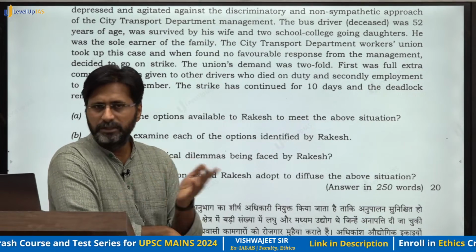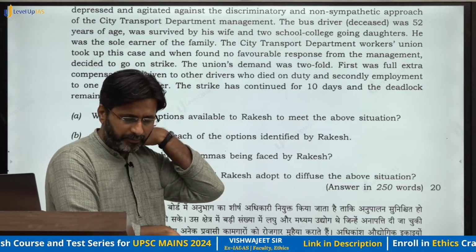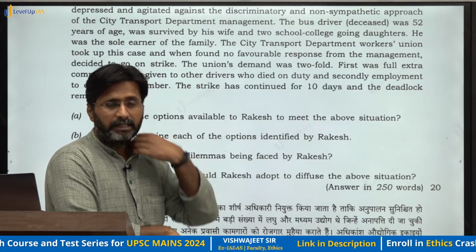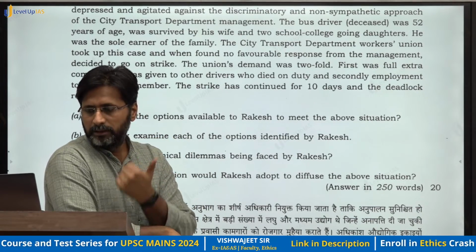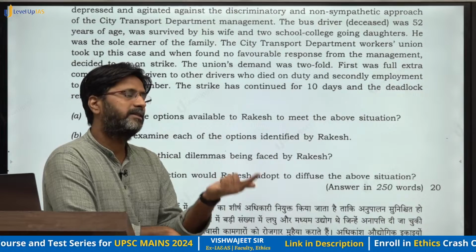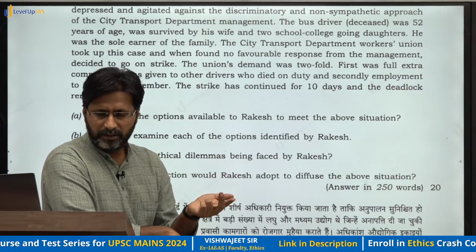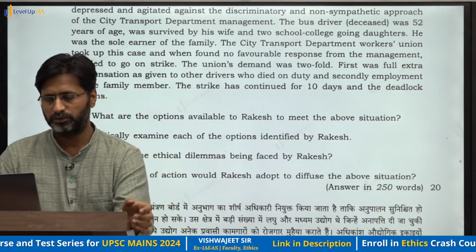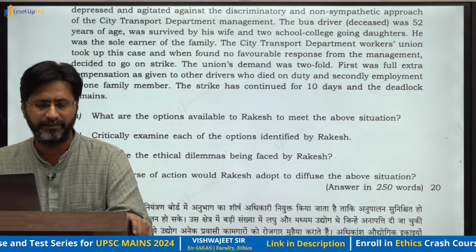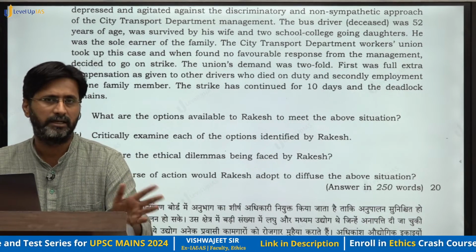So obviously you give both the sides, like on one side there is strict implementation of law, fixing the responsibility. The other side it is compassion for the school going daughters and wife who is otherwise not earning and other stuff.